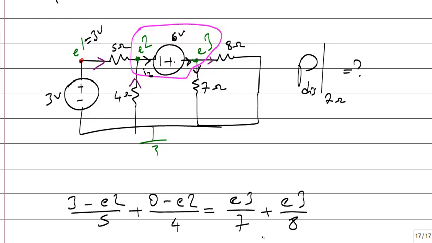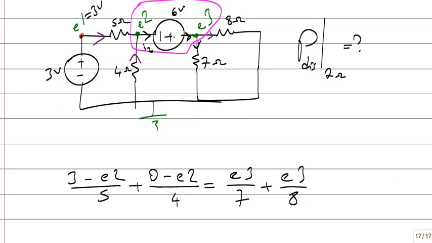Okay, one equation. And we know the supernode equation: 6 volts is E3 minus E2. Okay. Now I have two equations and two unknowns. If you don't use supernode, you will have one more equation, one more unknown.